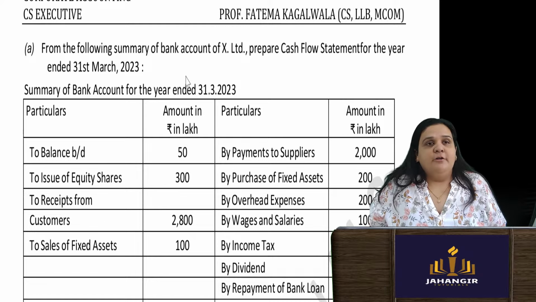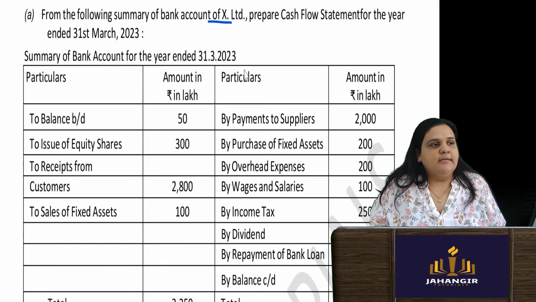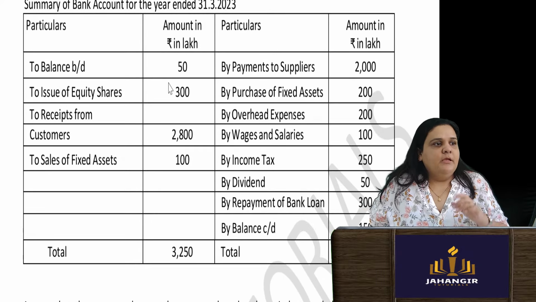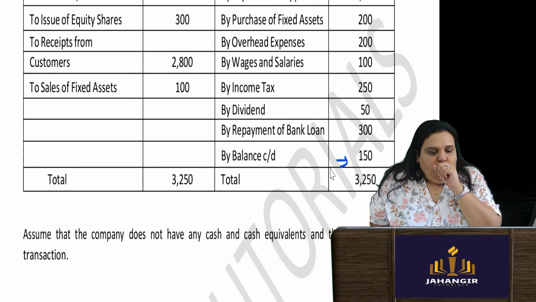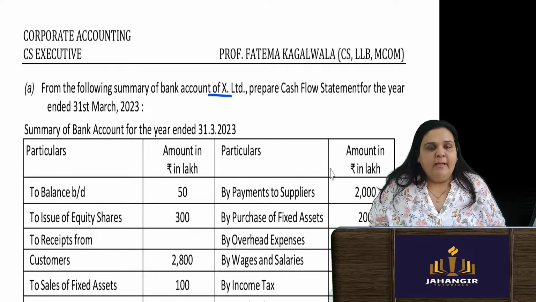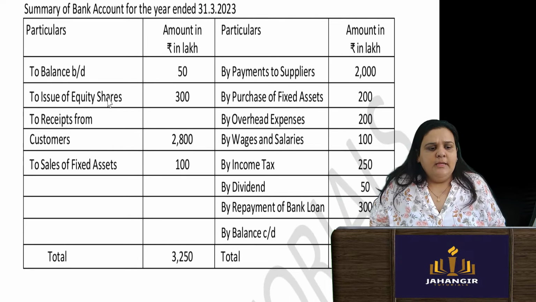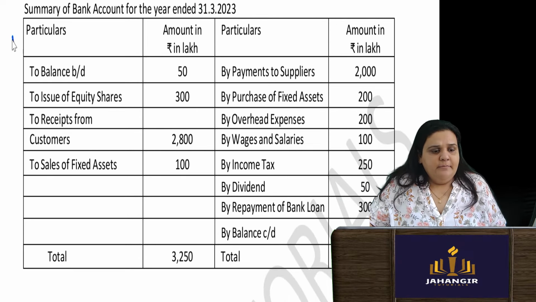From the following summary of bank account of X Limited, prepare cash flow statement for the year ended 31st March 2023. To balance brought down and by balance carried forward they have given. This is the bank account summary. In that they have debited issue of shares, receipts from customers, sale of fixed asset.